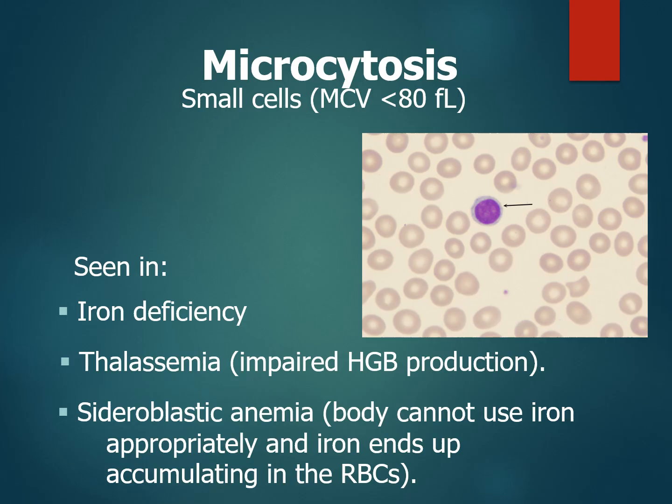Remember, thalassemias are those quantitative hemoglobin disorders, so impaired hemoglobin production. Sideroblastic anemia, which is where we have plenty of iron to use, but we can't use the iron appropriately, and so the iron ends up accumulating in the red blood cells. So all of those situations, disease states, or conditions can lead to microcytosis.